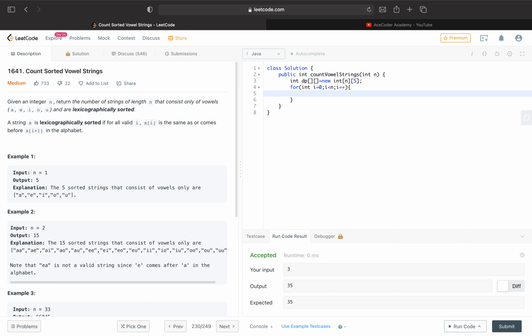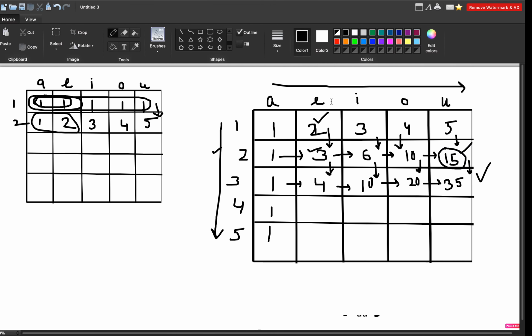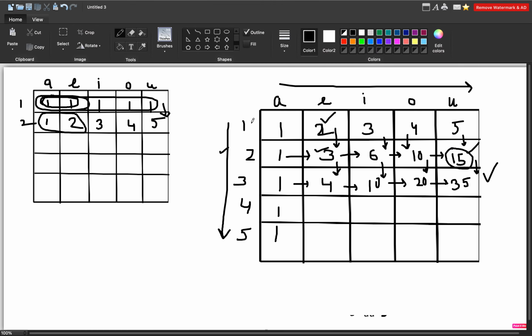What will we be initializing our 0th row with? If I is equal to 0, then dp of 0 of I will be equal to 1, which is basically how we are initializing this case.